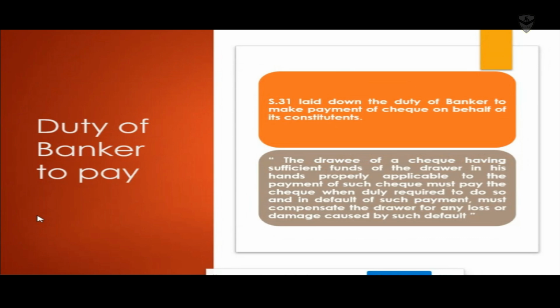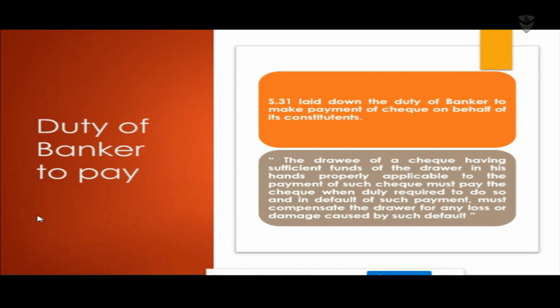So, Section 31 lays down the duty of the banker to make payment of a check on behalf of its constituent. It says that the drawee of a check having sufficient funds of the drawer in his hands properly applicable to the payment of such check must pay the check when duly required to do so, and in default of such payment must compensate the drawer for any loss or damage caused by such default.